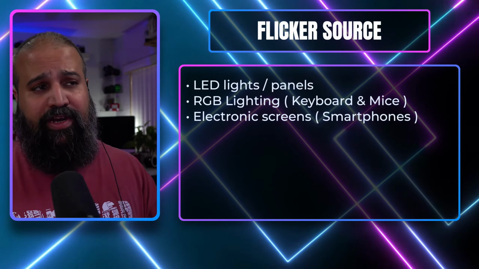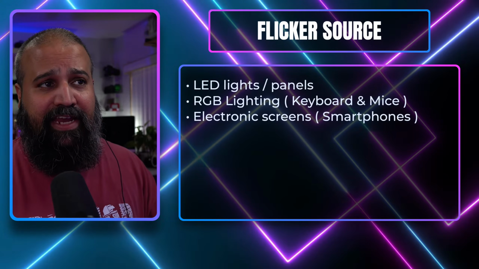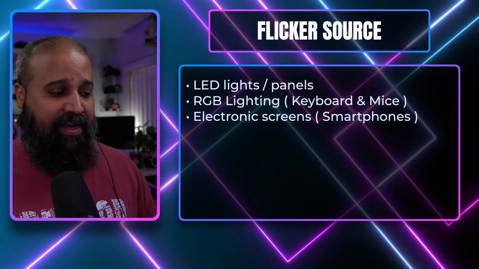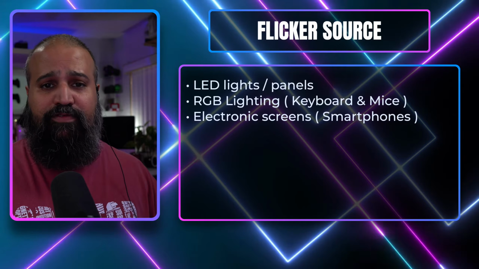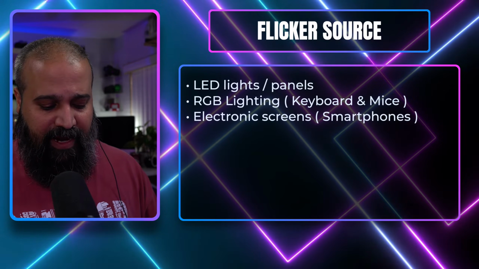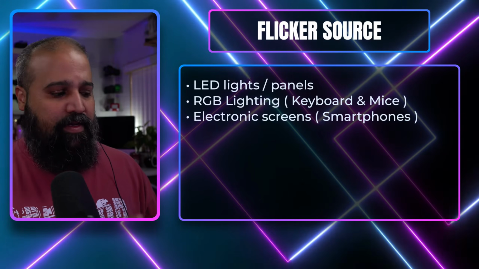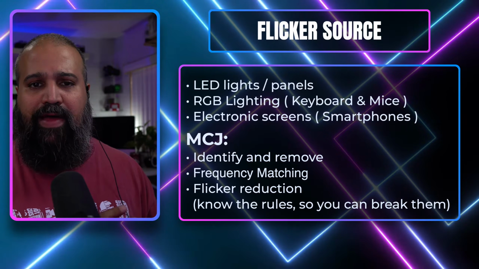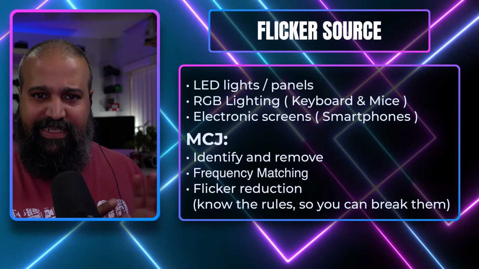Like I demonstrated before, this happens on RGB lighting like keyboards and mice, and a lot of times on cell phone screens, right? Your smartphone will definitely give off a certain amount of frequency response.